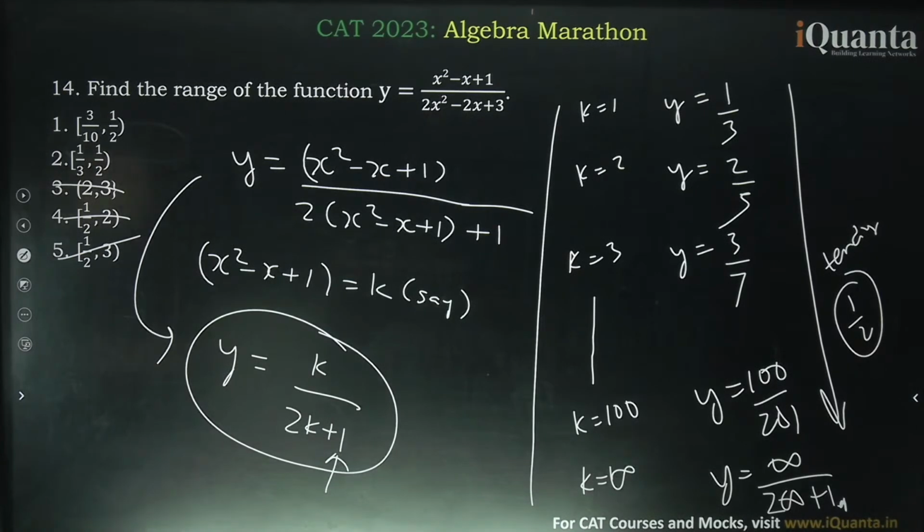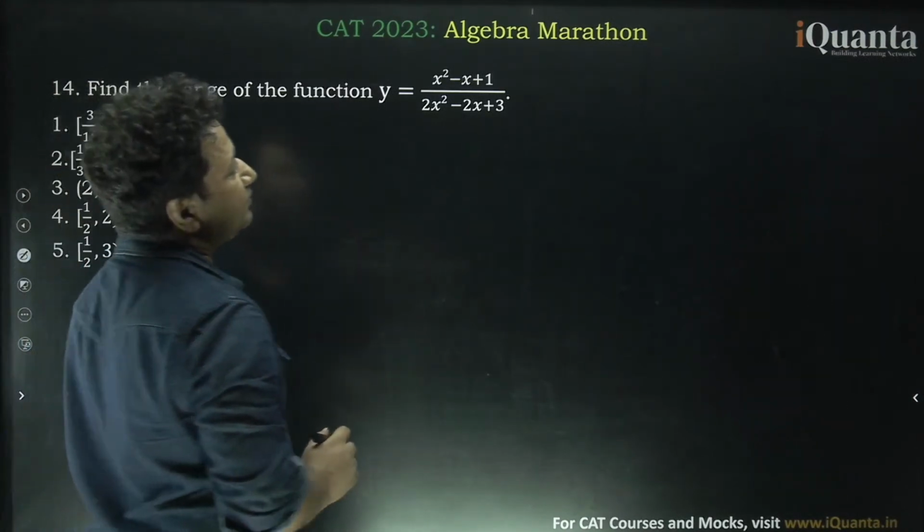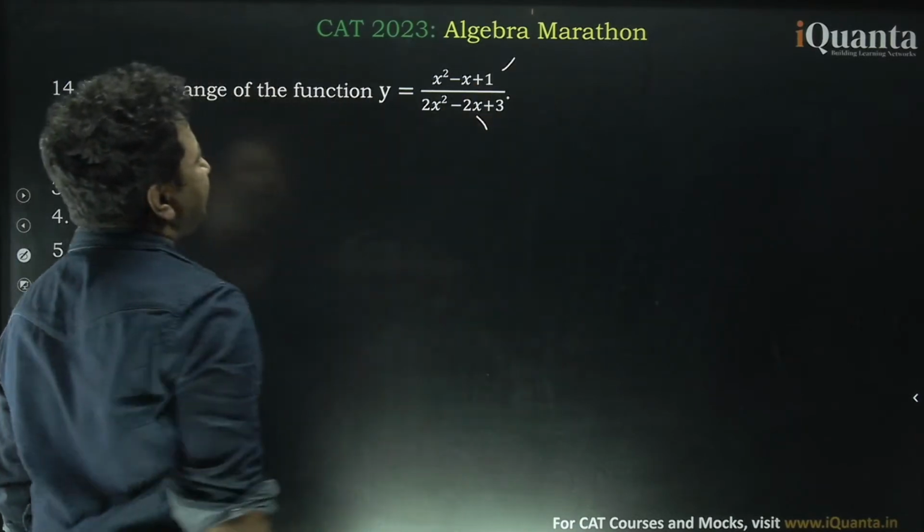Now how to find that? Need to understand that this will basically form a parabola, this will also form a parabola.